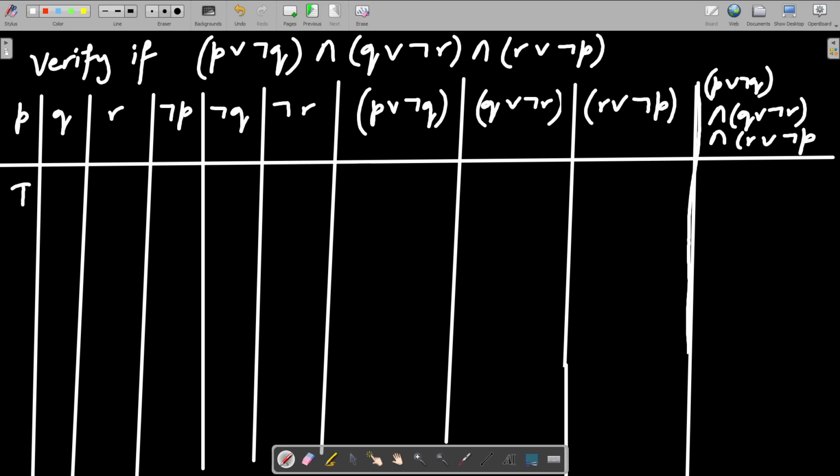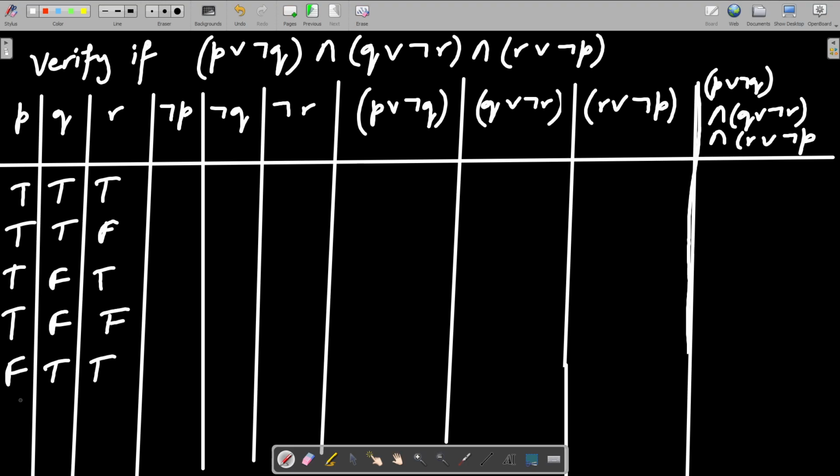Okay, so let us write down the values: true, true, true; true, true, false; true, false, true; true, false, false; false, true, true; false, true, false; false, false, true; false, false, false.